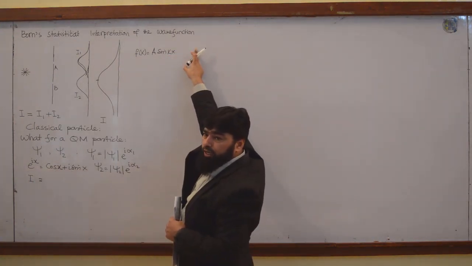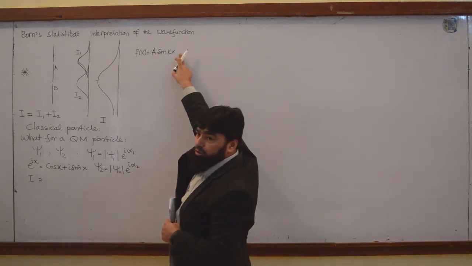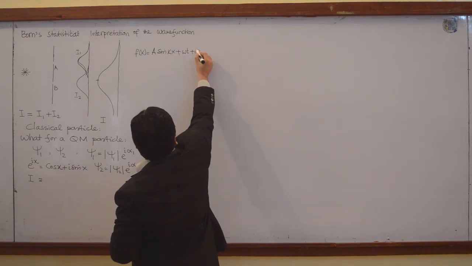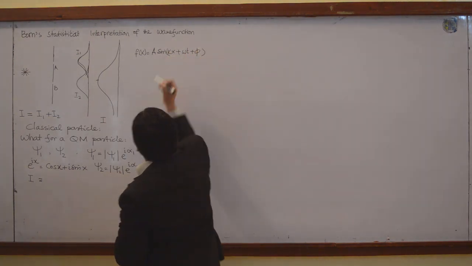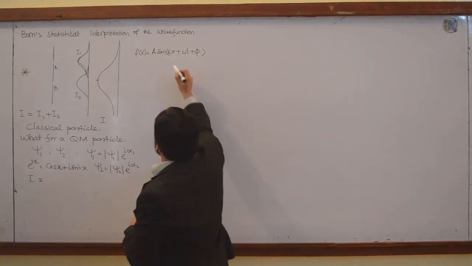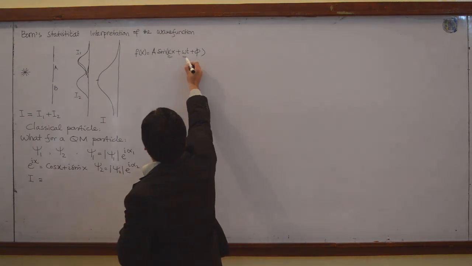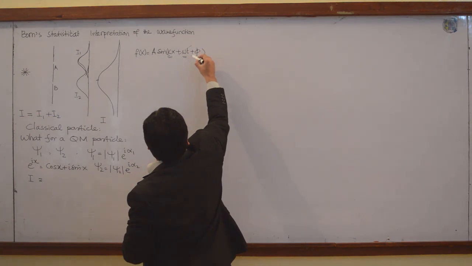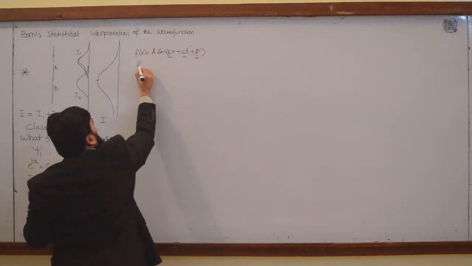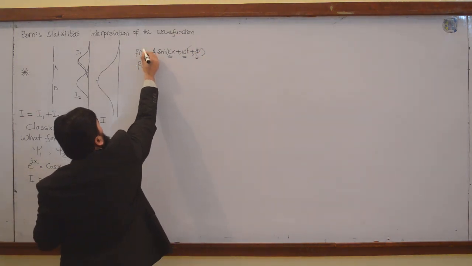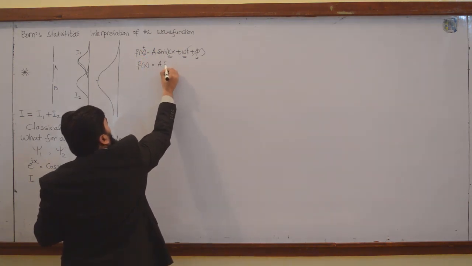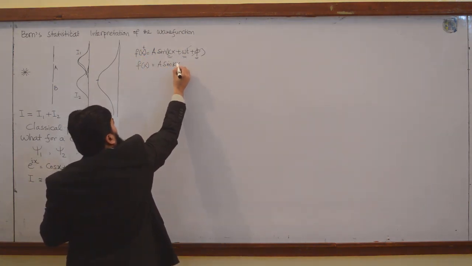Phi gives you the phase, and omega t is the time term. This is the complete description of a wave function: this is the space term, this is the time term, and this is the phase of the wave. If I neglect the time term and the phase, then f of x t becomes f of x, equal to a sine kx.